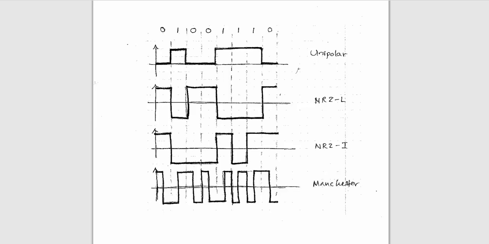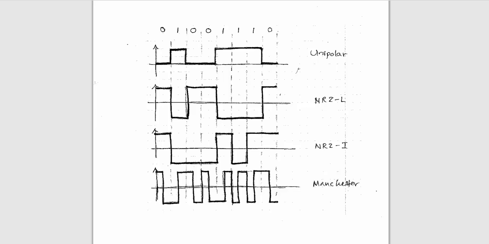So for Manchester, when it's 0, we have a transition from positive to negative. That means the signal looks like that. And again for 1 we have to go from negative to positive, and for 0 we have to go from positive to negative, and another 0 is there. That means again we have to come from positive to negative, and then for 1 we have to go from negative to positive.